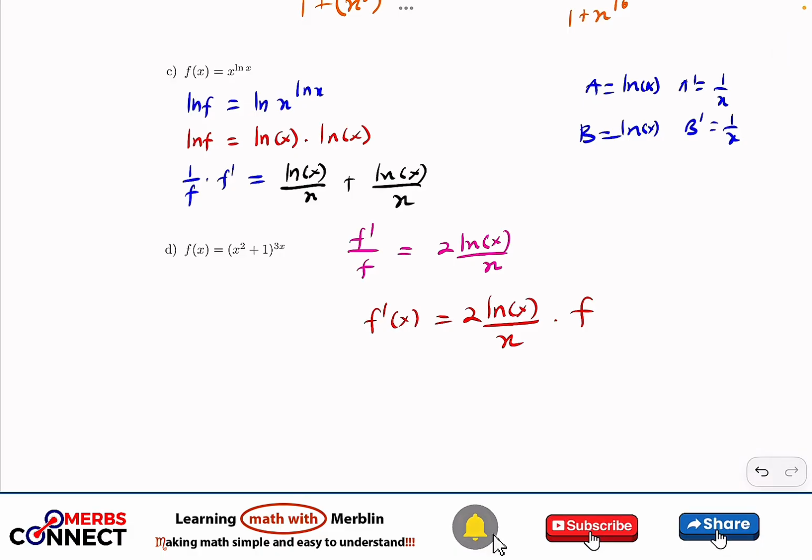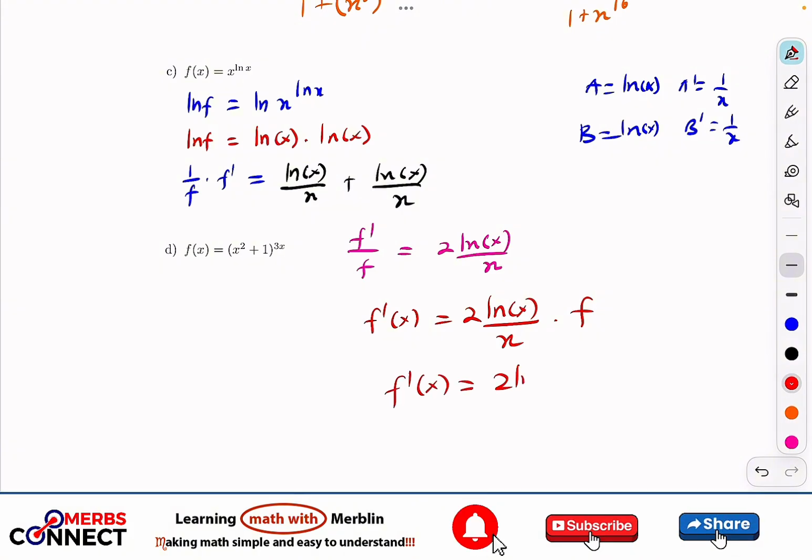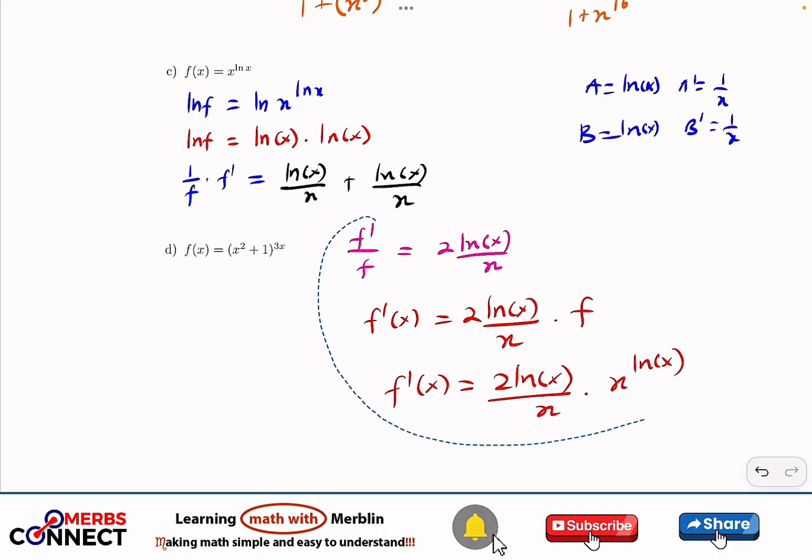But we don't want our final solution to be in terms of f, so we need to replace f by what we had. So f is equal to this. Now our final solution, f prime of x, will be equal to 2 natural log of x divided by x times x to the power x. So this is what we are going to get for our C.